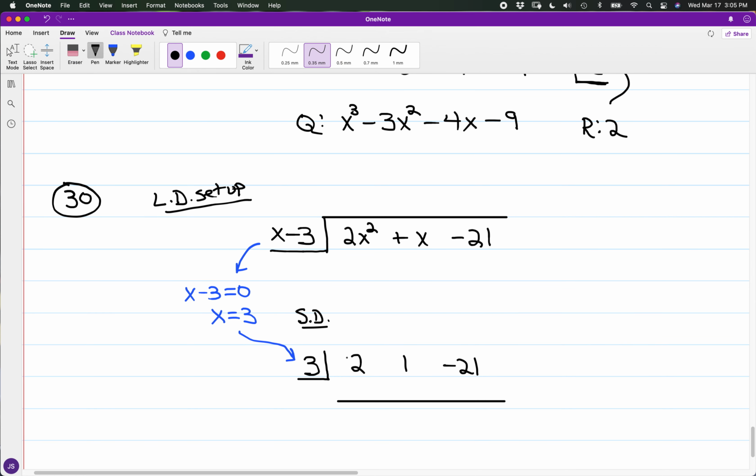Okay, so bring down the 2. Then we have 3 times 2 is 6. Then with the column addition, 1 plus 6 is 7.